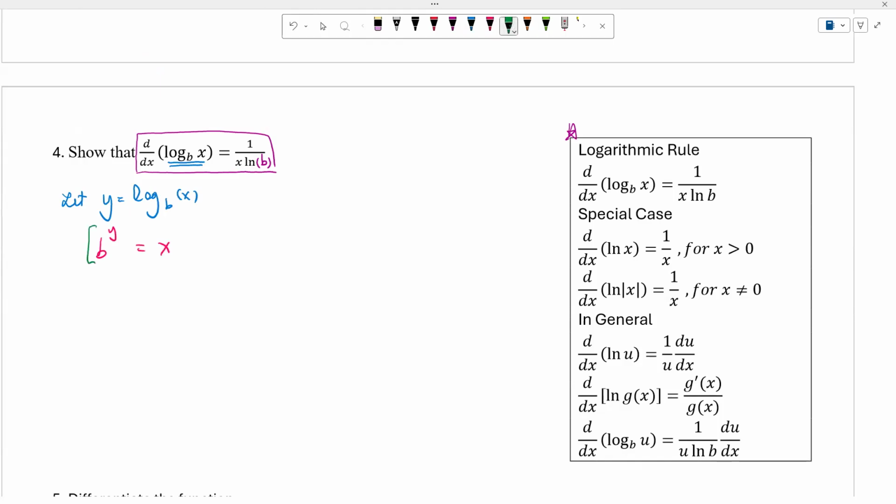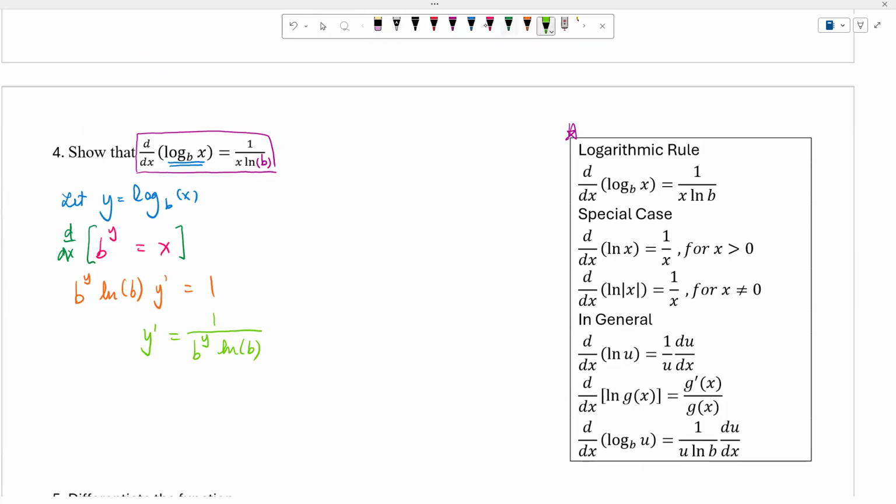Then we take the derivative with respect to x of both sides of the equation. The derivative of b to the y is b to the y natural log of b times y prime, equal to 1.